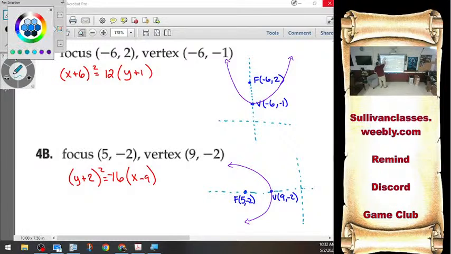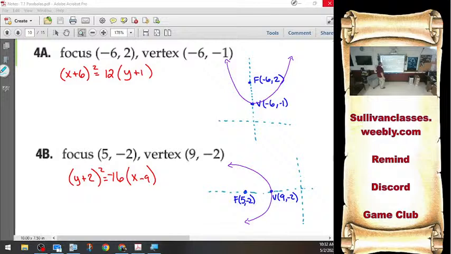Okay, the distance from a vertex to a focus is p, and you go p in both directions. So I have an axis of symmetry going through those at x equals -6. 3 south of this is a directrix at y is -4.